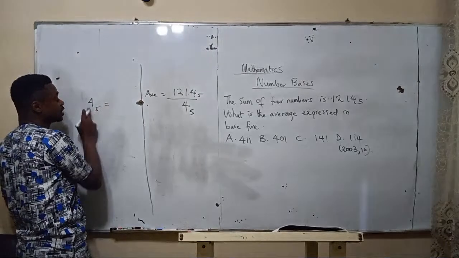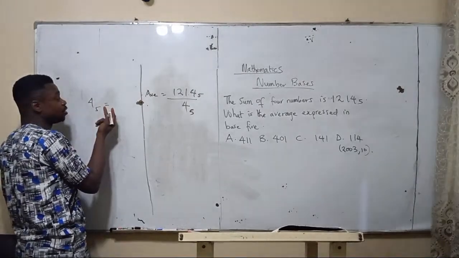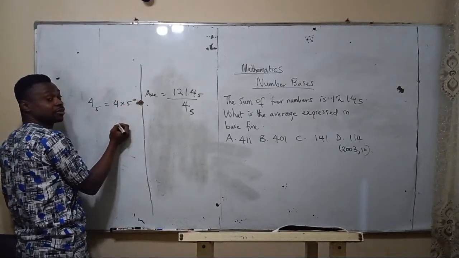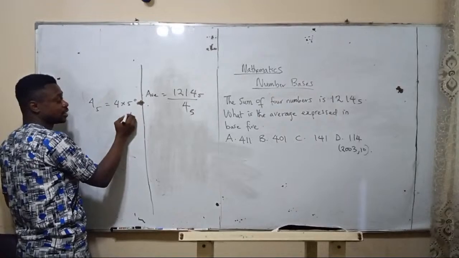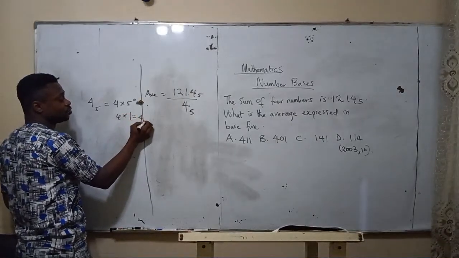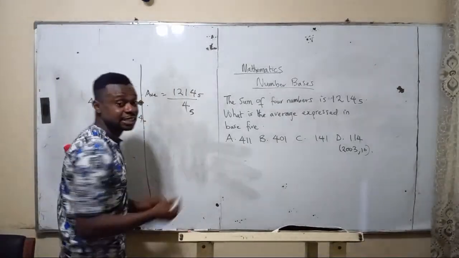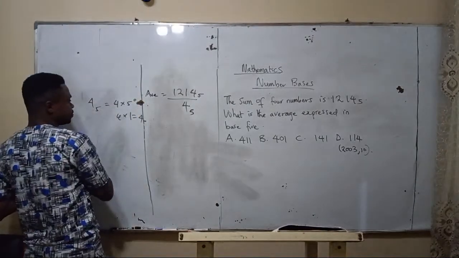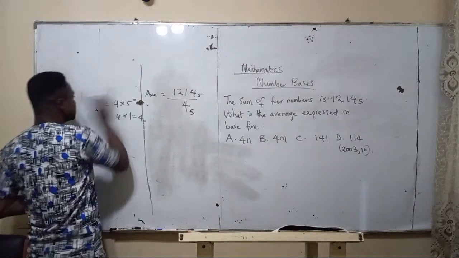If you want to move it to base 10, what are you going to do? You multiply 4 times 5 raised to power 0. 5 raised to power 0 is 1 times 4. It's still 4 to base 10. So 4 to base 10 is the same thing as 4 to base 5. So we leave it at 4 to base 5.